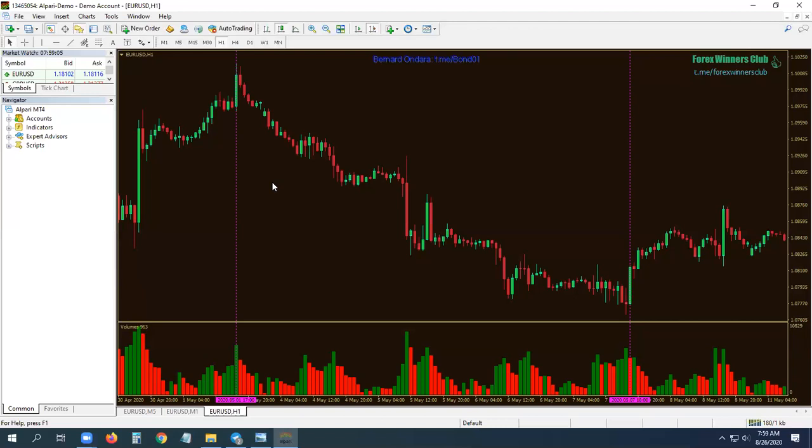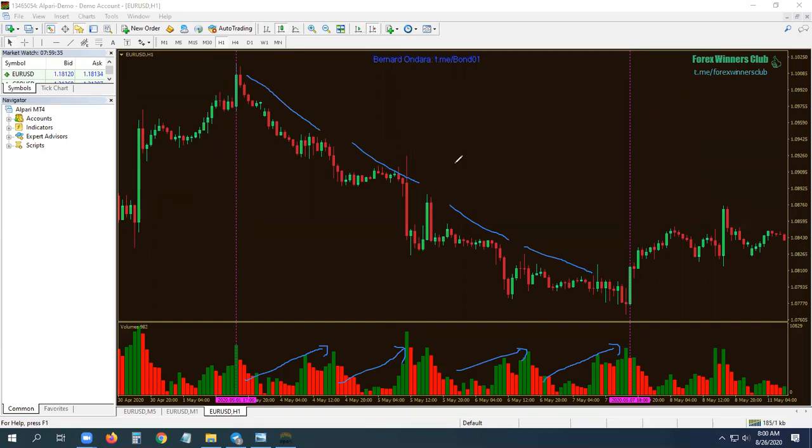For example, here volume increased up to that point, then increased up to that point, then up to that point. So added together, volume was just increasing, taking a break, and then increasing again. So you need volume to increase in an uptrend, and you need volume to increase in a downtrend.